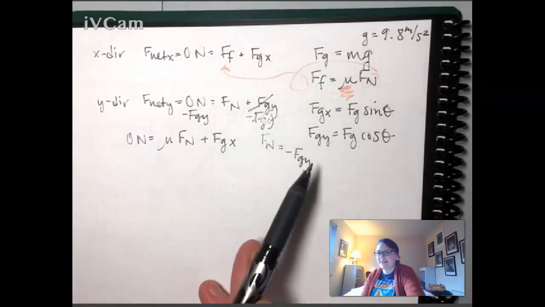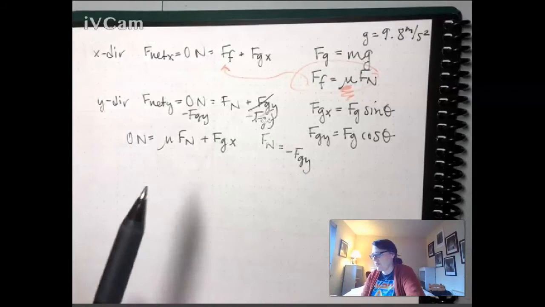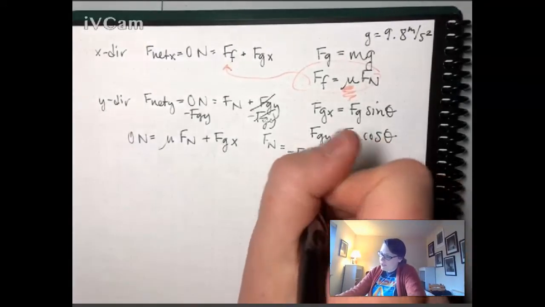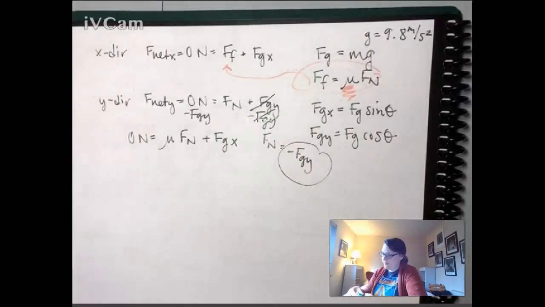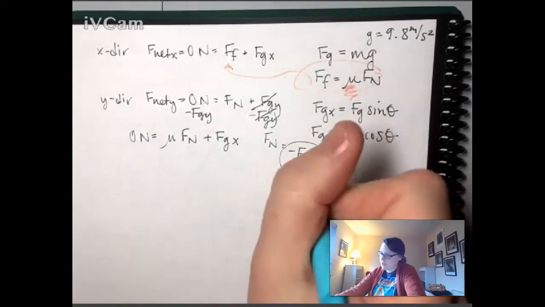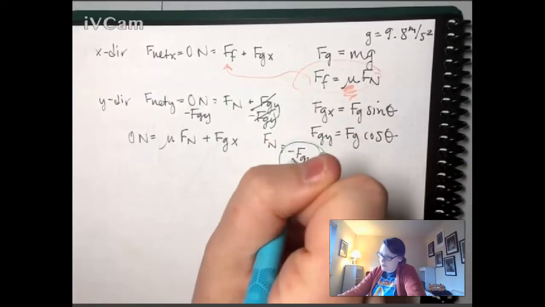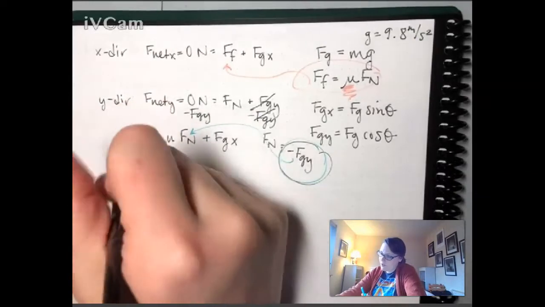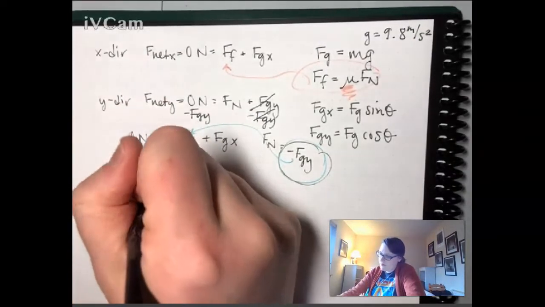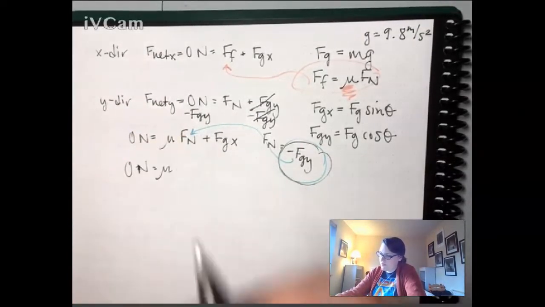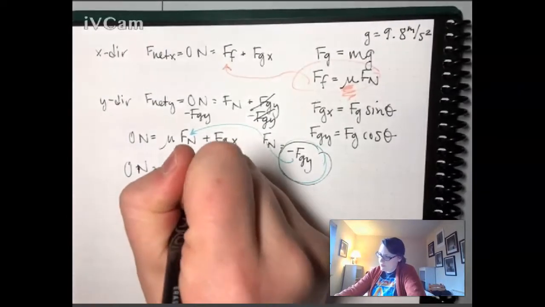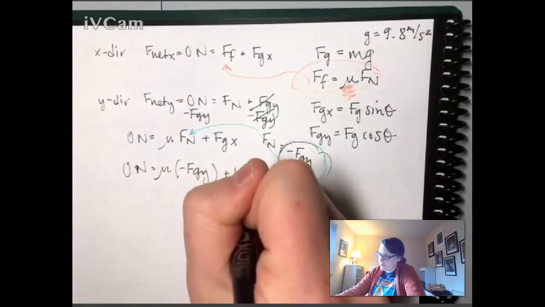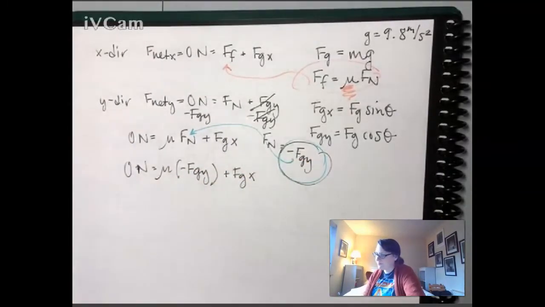See, I let my math take care of my direction from there rather than adding that in. So I'm going to go ahead and substitute this value, force of gravity, this is equal to the normal force. I'm going to substitute that in right there. 0 newtons equals coefficient of friction times negative force of gravity in the y direction plus force of gravity in the x direction.